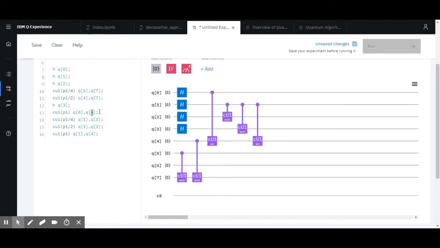This is just a bit messy, a bit cumbersome, but this would all be on qubit 4.